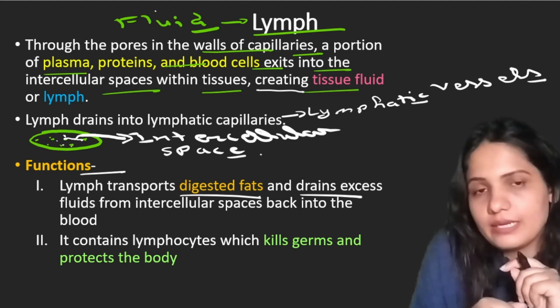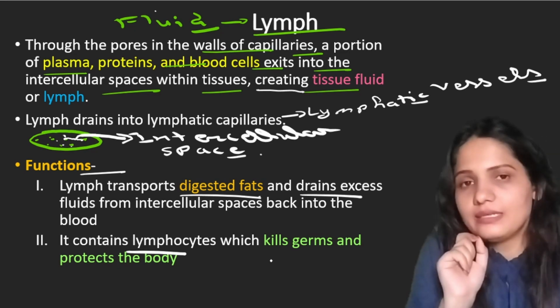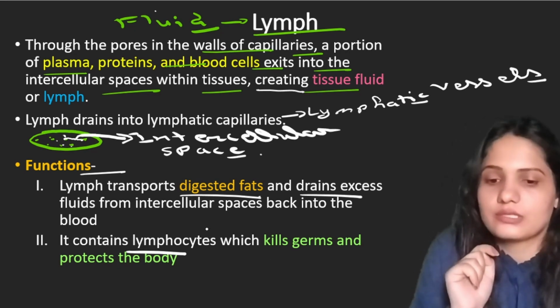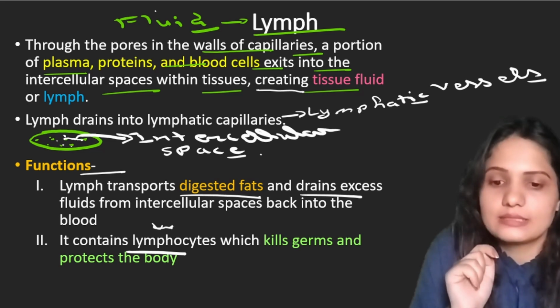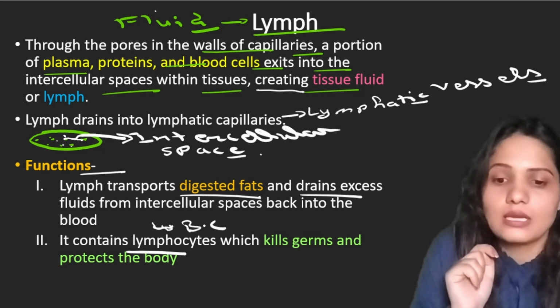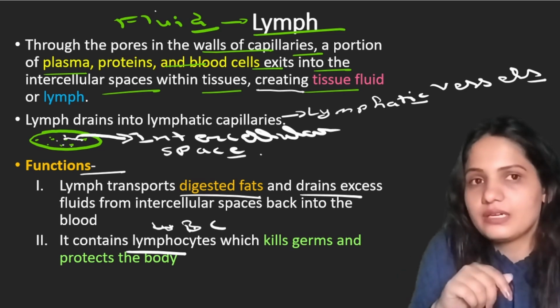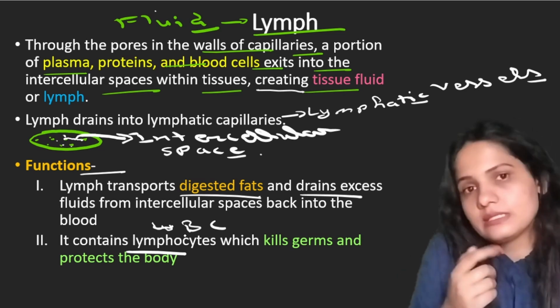The second function of lymph is in immunity. Lymph contains a certain type of cells I have told you about, and those cells are lymphocytes or white blood cells. Our blood contains a greater number of RBCs, but our lymph contains a higher number of WBCs or lymphocytes.